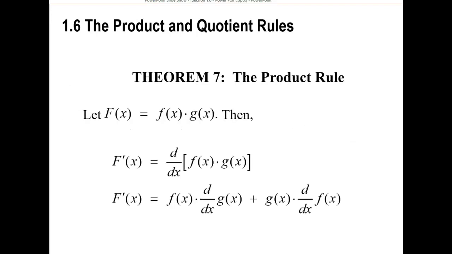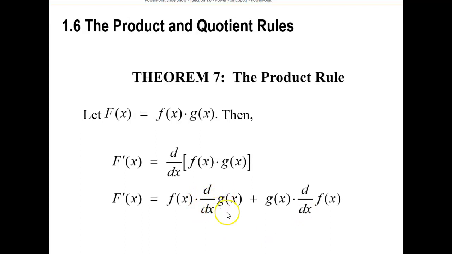All right, so here is the product rule, theorem 7. Let capital F of x equal f of x times g of x. Then the derivative, capital F prime of x, is found by this formula. So we're going to take the first function f of x, multiply it by the derivative of the second function g, then add what I get if I took just the function g and multiplied it by the derivative of f.